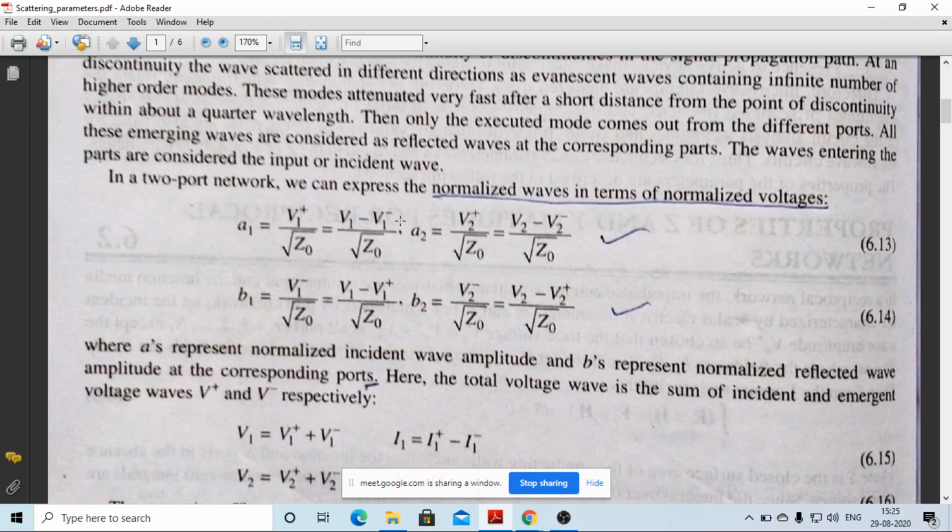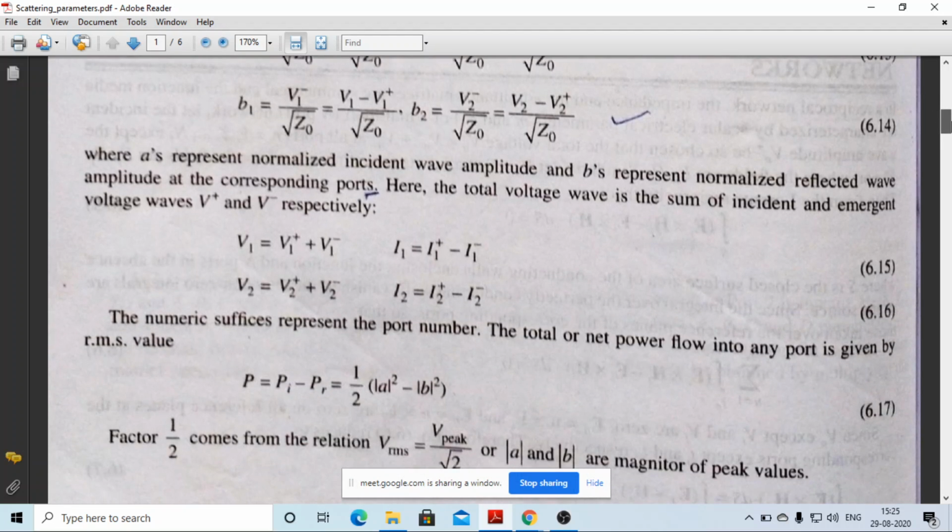But it is not true with the current. So in terms of voltages, writing the normalized wave amplitudes is only taken by the standing wave, which is the summation of the incident voltage and the reflected voltage.